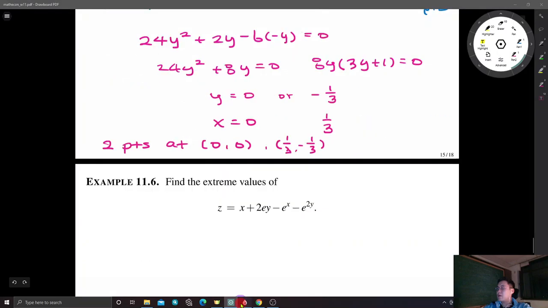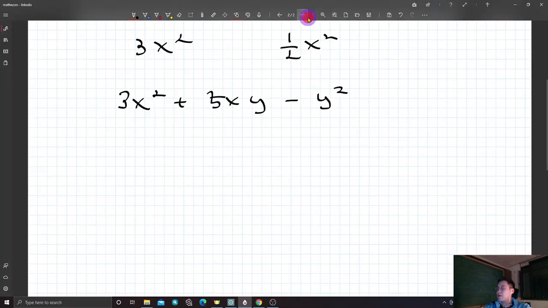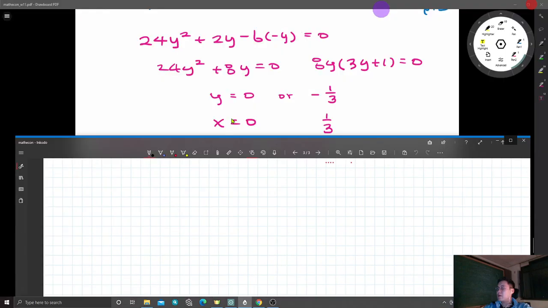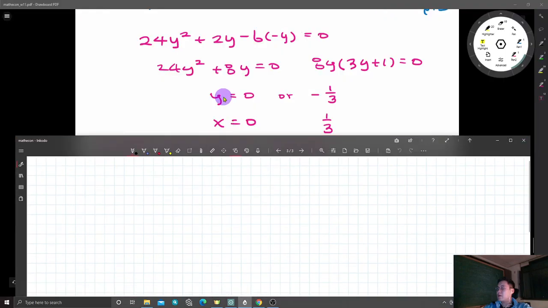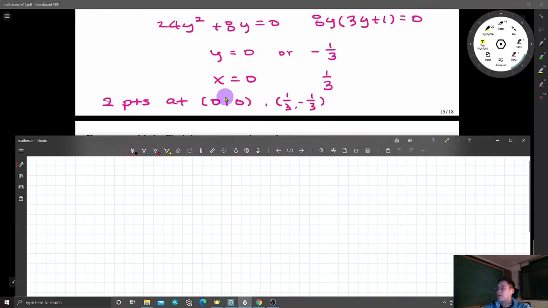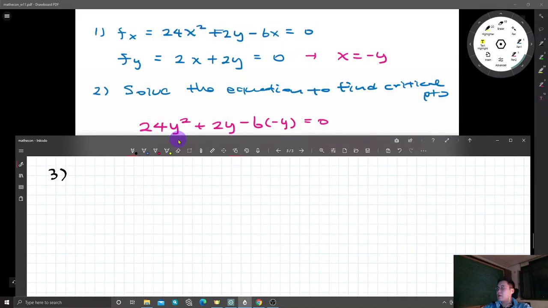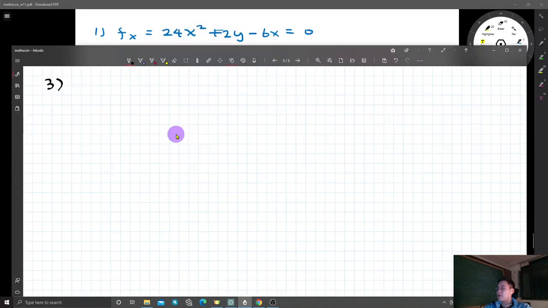And the third step is we now compute second partial derivatives to construct the Hessian matrix. We know the expression of f sub x, so from this I can compute f sub xx.